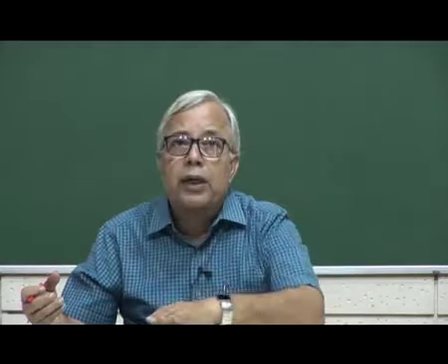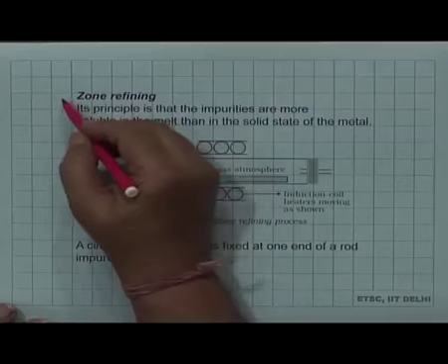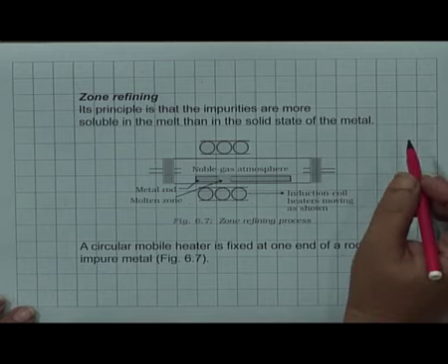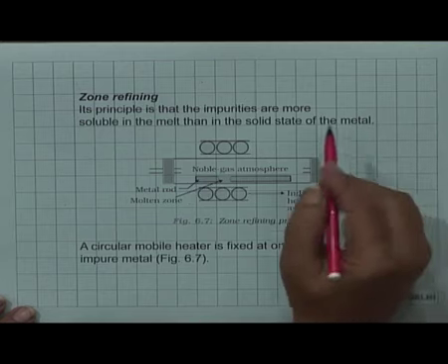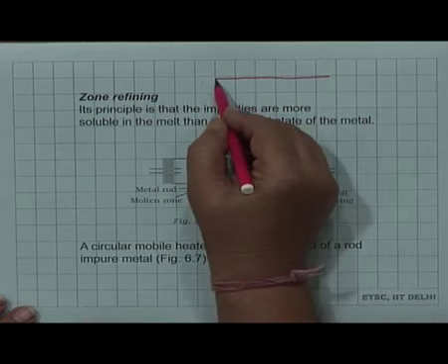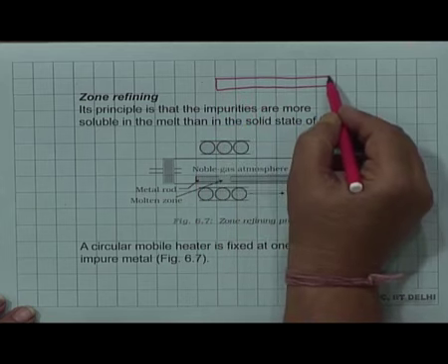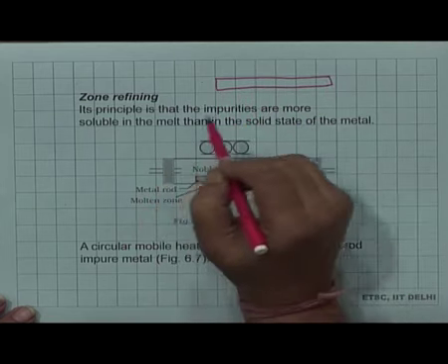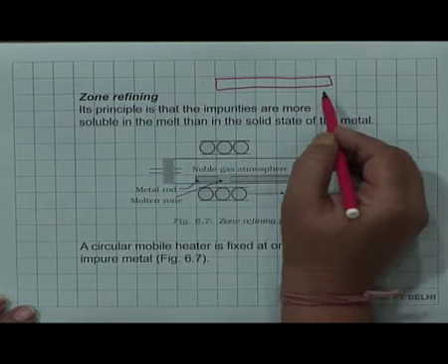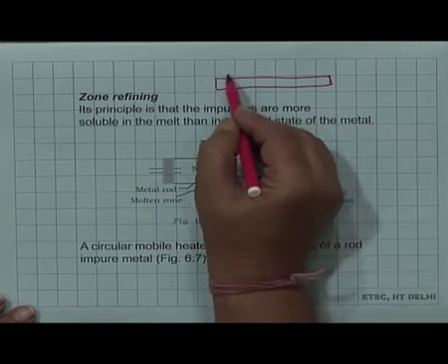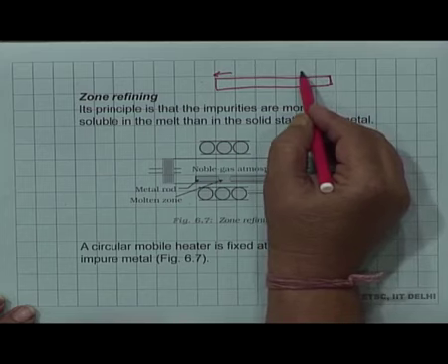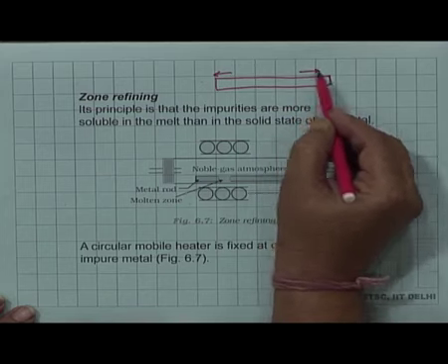The third method which is used for purification of metal is called zone refining. In this, basically what we do, if I demonstrate, if you have a rod of impure metal, in a nutshell the procedure of zone refining is such that the impurities move in this direction and we make the pure metal move in this direction.